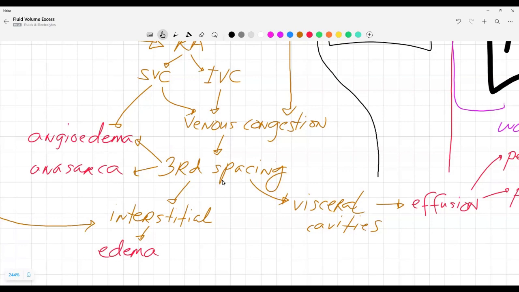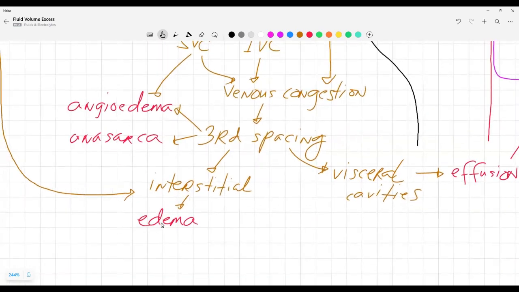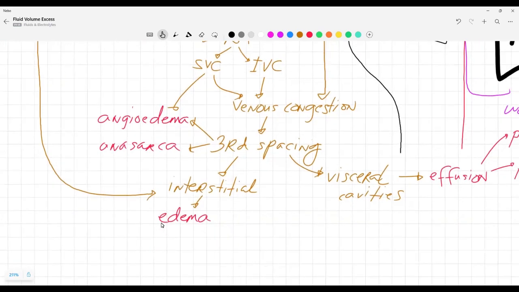So then it shifts outside of the intravascular space into the interstitial space or into the cavities. So when it shifts into the interstitial space, by definition, that's what edema is. So wherever there's interstitial areas wherein fluid shifts to, there will be edema.